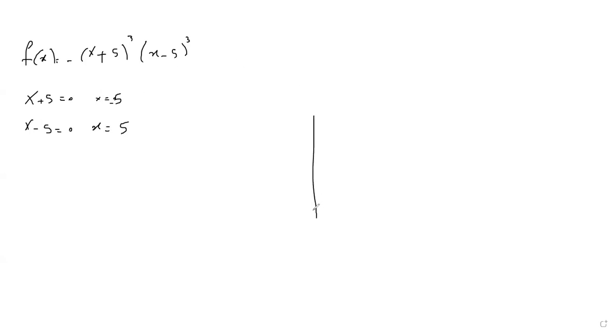Now I can graph that. Let's say here is negative 5 and here is positive 5. I need to find the end behavior. We know the degree here is 3 plus 3, which is 6, so this is an even degree.